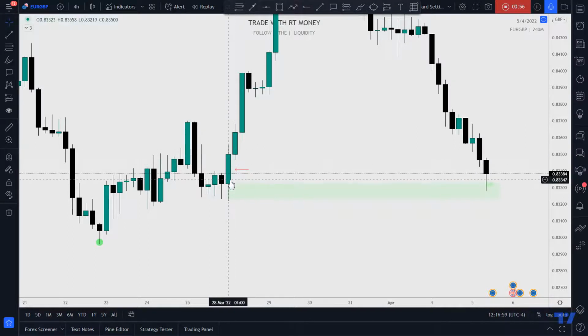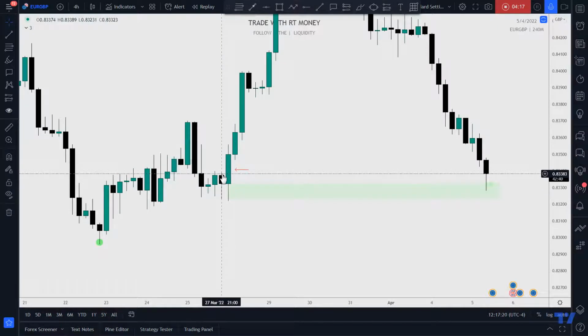I want to see an imbalance that price could come back and fill, which acts as a draw to price. There's an imbalance here. There's inefficient price movement. That's the imbalance I'm talking about. Price is going to come back to rebalance that, also to mitigate this order block.